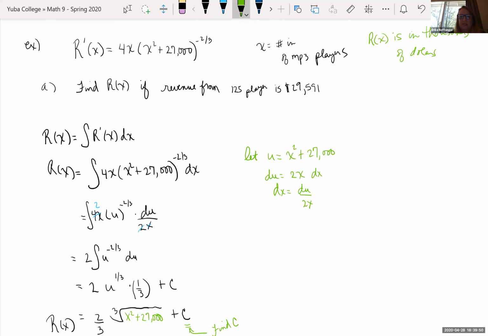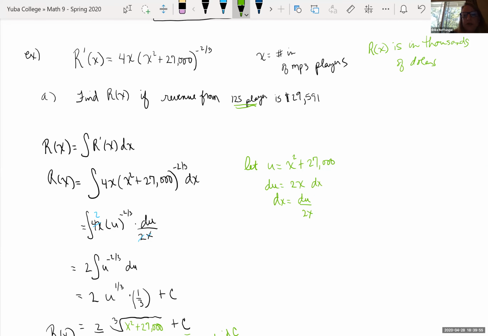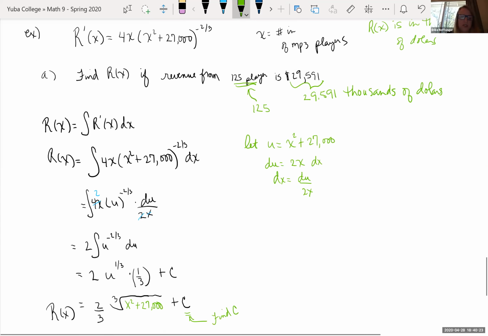Okay, and so this piece right here, they actually give me what my x value is, 125 players. This right here is 29,591 dollars, and if we wrote this in terms of thousands, this is 29.591 thousands of dollars. So let's go back in there.